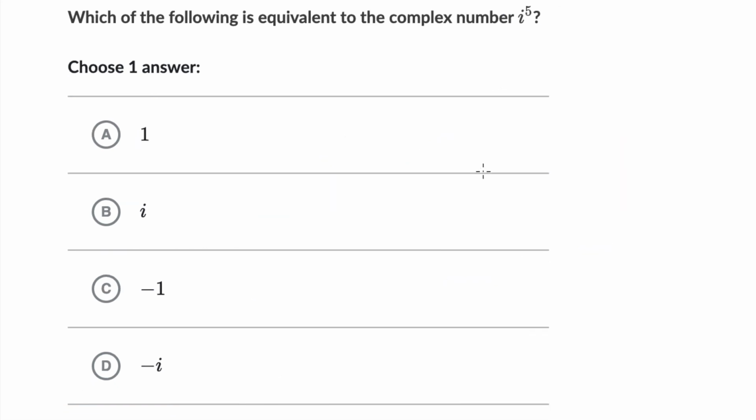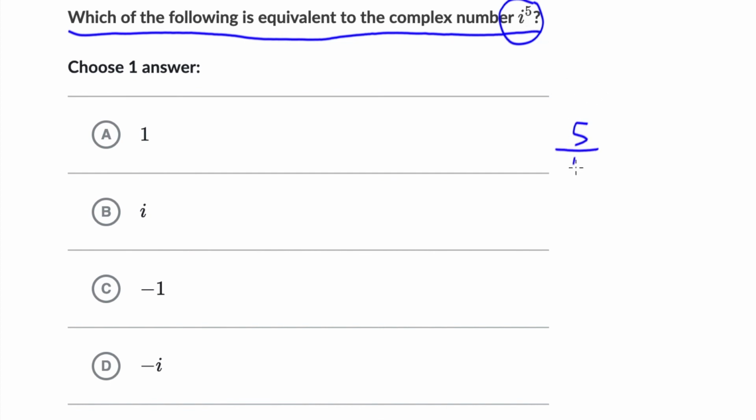Alrighty, here is problem number 5, the last one, okay? So let's go ahead, divide by 4. I'm sure you're already getting the hang of it. Which of the following is equivalent to the complex number I to the 5th? I is an imaginary number, so only 4 possible solutions. 5 divided by 4 is 1.25.